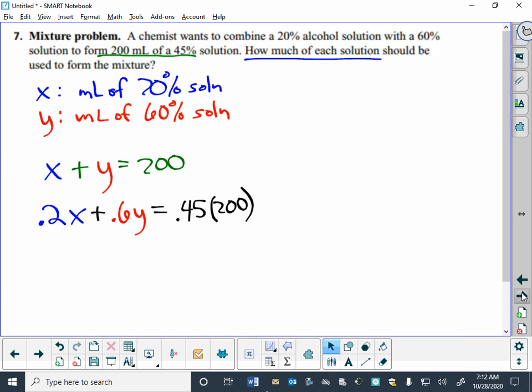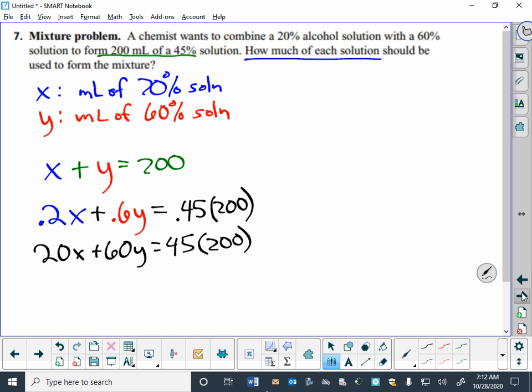If you don't like the decimals that are in here, we could definitely multiply everything in this bottom equation by 100 and get that 20x plus 60y is equal to 45 times 200. And then I could take my top equation.